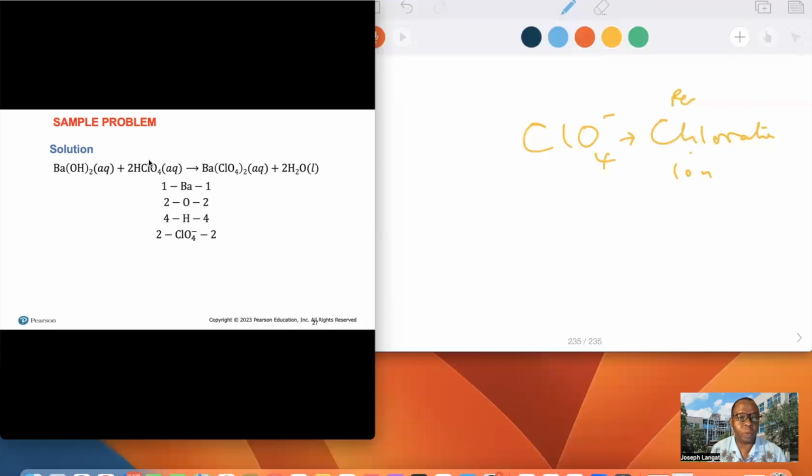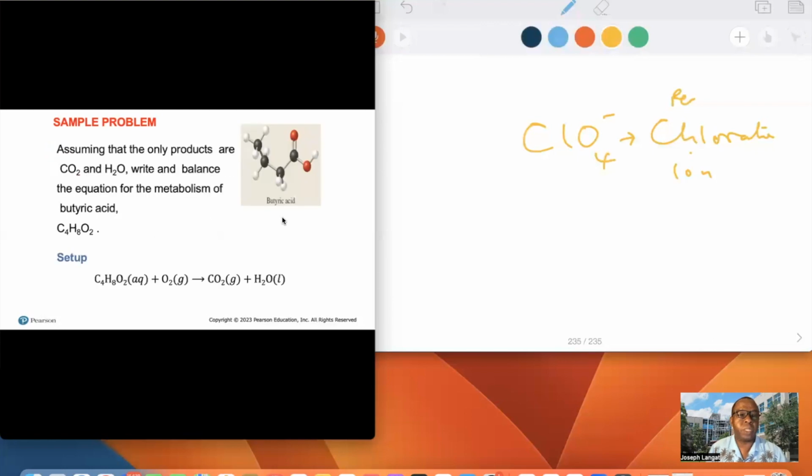Remember to add on either side, that is why 4, 4. All right, 2, 2. The numbers here indicate barium on either side, this is the reaction arrow, on the reactant side, on the product side. And the coefficient is 1, 2, 1, and 2. That is an example.